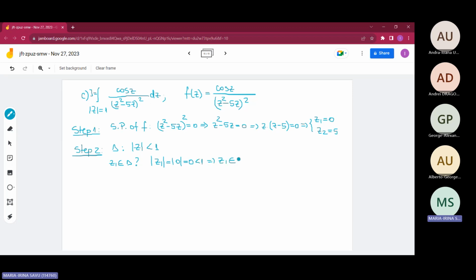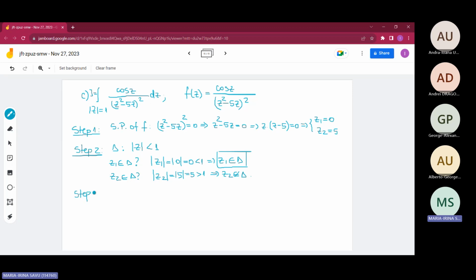So z1 is in delta. The modulus of z2 is the modulus of 5, which is 5, which is greater than 1. So z2 is not in delta. It means that we have to take into consideration only z1, because just this point is in delta.